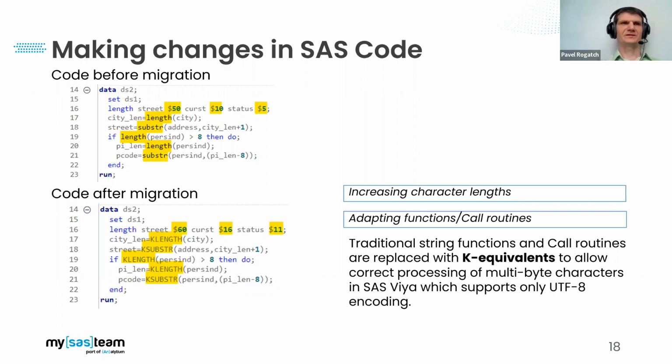It means that some characters in Latin 1 could occupy maybe 1 byte, while in UTF-8 this character could occupy 2 or even 3 bytes.